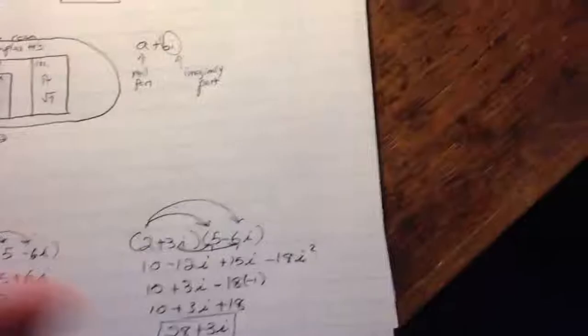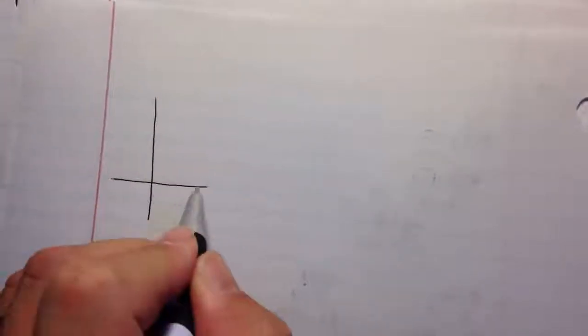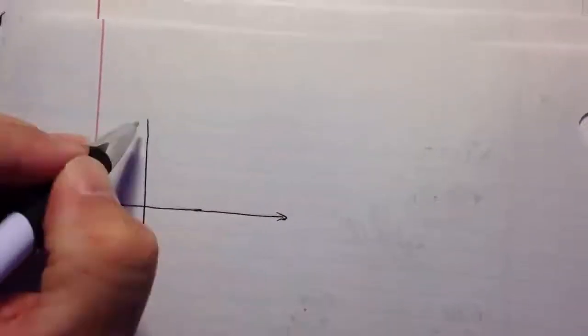Okay. Now, one other thing I didn't talk about yesterday, but I'm going to go ahead and put it on my video, and those who are smart enough to check out my videos, you're going to be ahead of the game. What I want to show you is that the higher you go in math, it's handy to know how to graph a complex number.